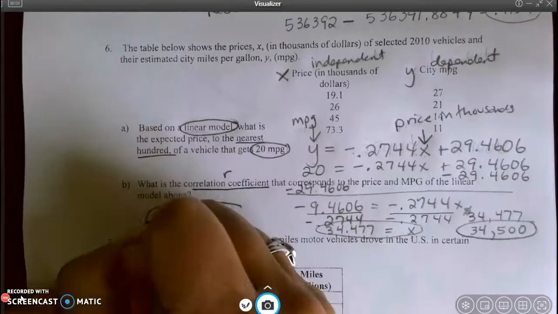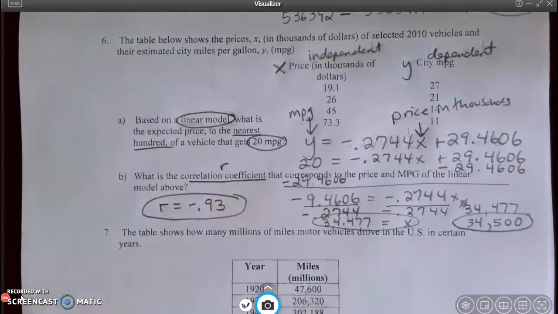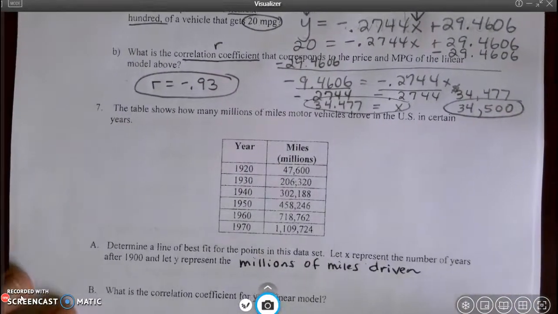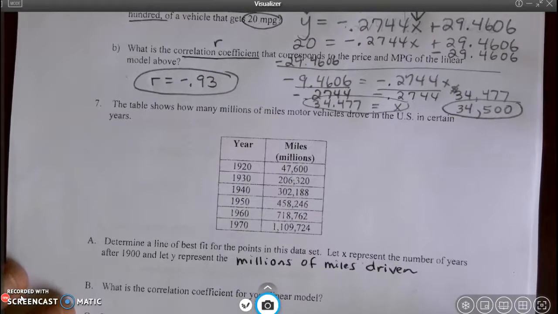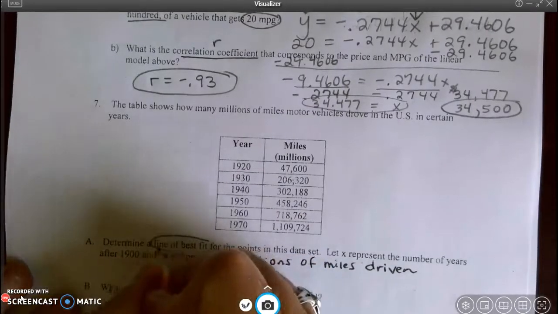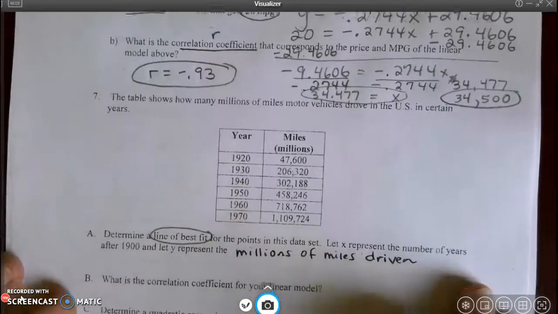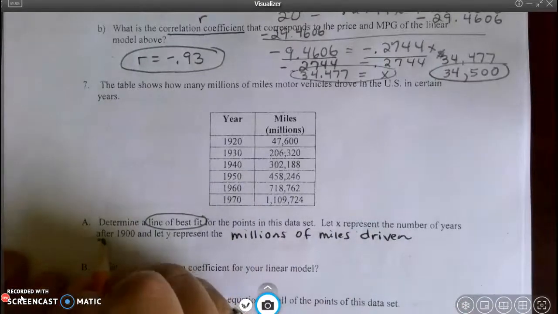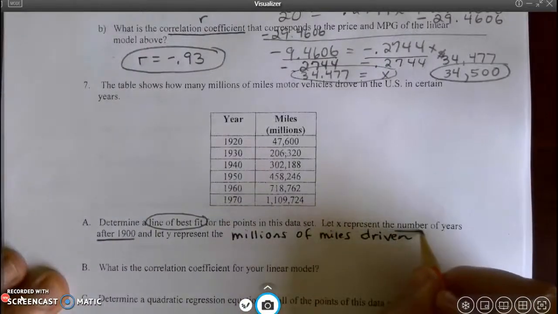Right, next problem. The table shows how many millions of miles motor vehicles drove in the United States in certain years. Determine a line of best fit. So once again, I'm going to do a linear model for the points in this data set. Let X represent the number of years after 1900.